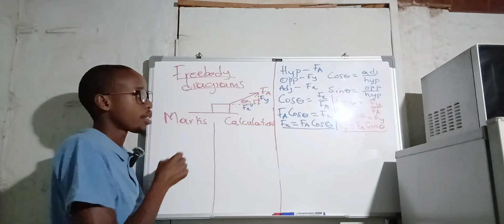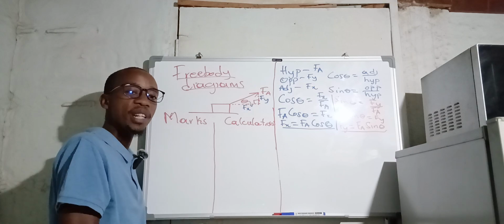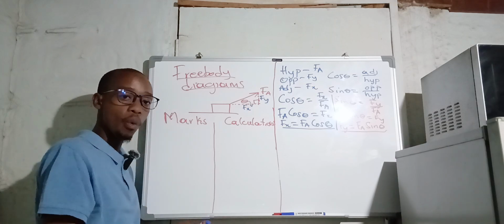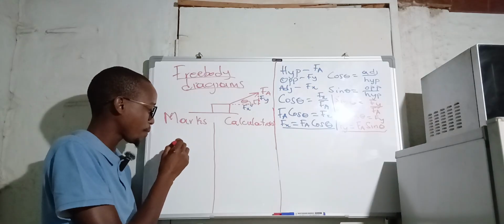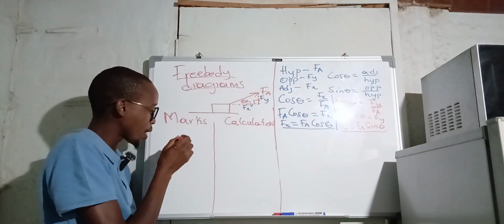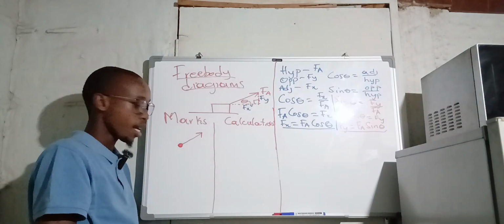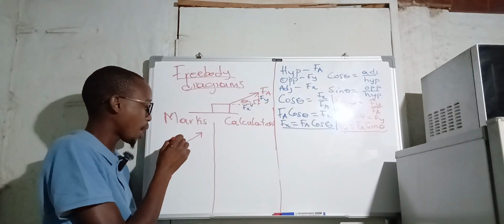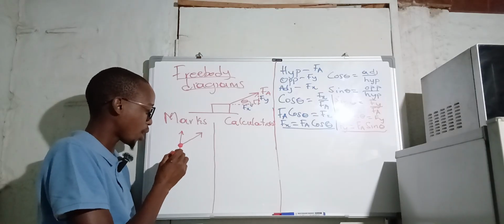For marks, they're going to say 4 marks, draw the free-body diagram. What you are going to do is this. You start with your dot, and then your force applied is going that side, you are pulling it there, right? And then remember, we have normal force going up, and then we have weight going down.